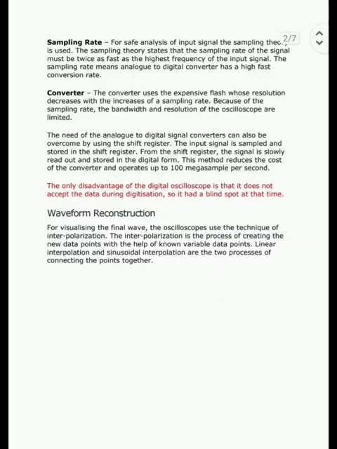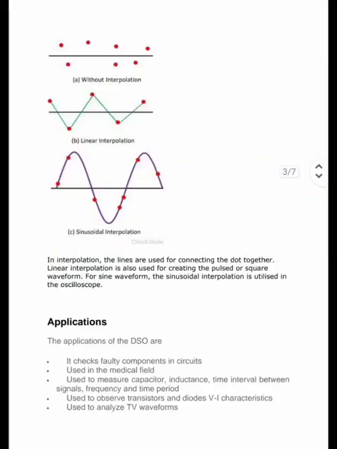Linear interpolation and sinusoidal interpolation are two processes of connecting the points. In linear interpolation, lines are used to connect the dots together. Linear interpolation is also used for creating pulse and square waveforms. For the sine waveform, sinusoidal interpolation is utilized in the oscilloscope.